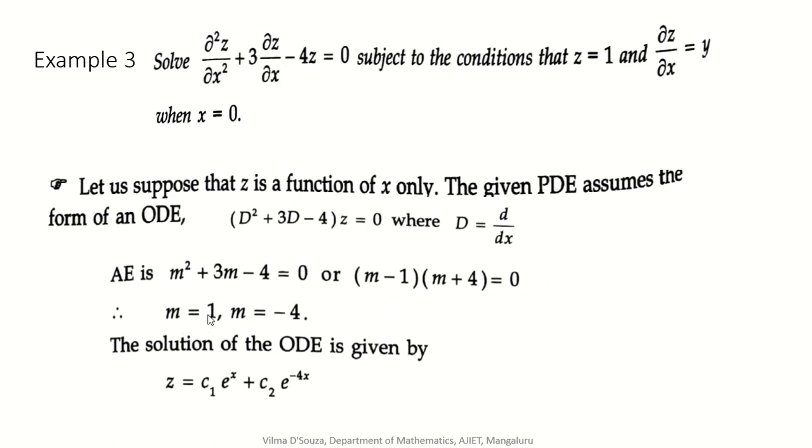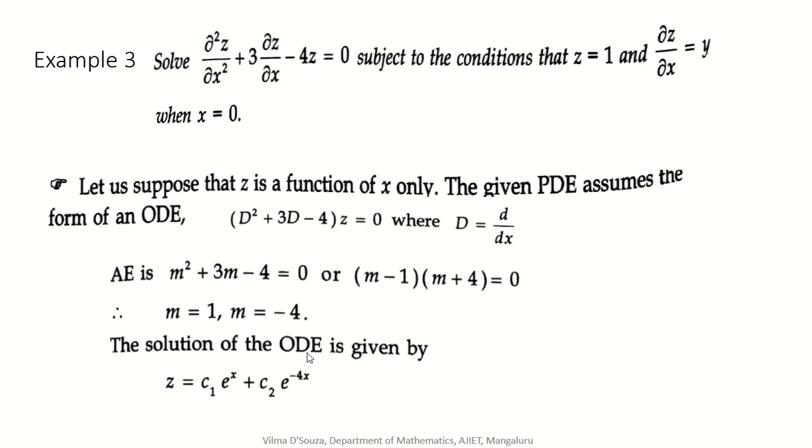The roots are 1 and -4. Use your calculator to solve this quadratic equation. So what is the solution? The solution is z = c1 e^x, e^x corresponding to the first root, plus c2 e^(-4x).